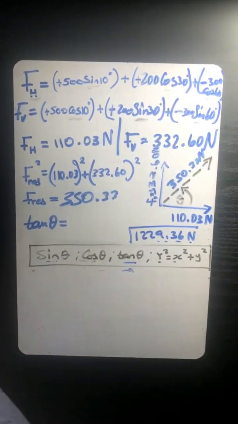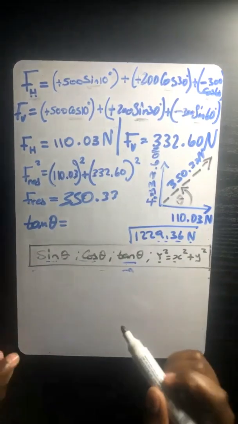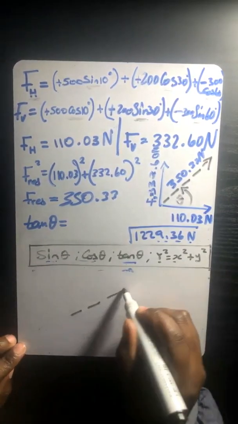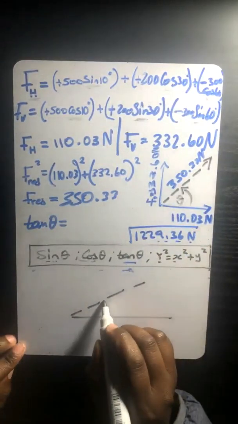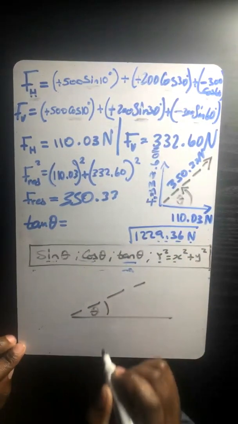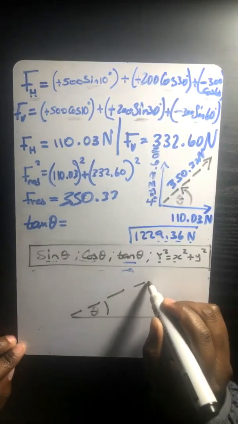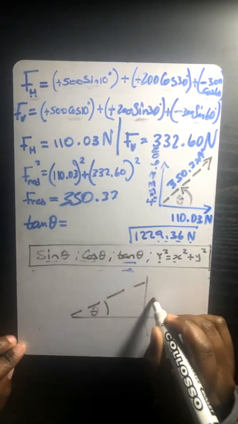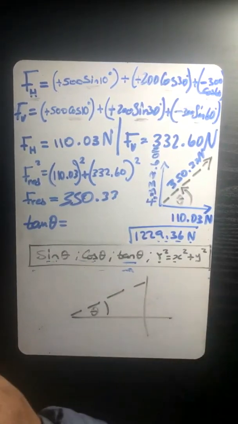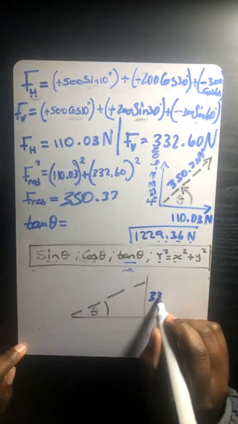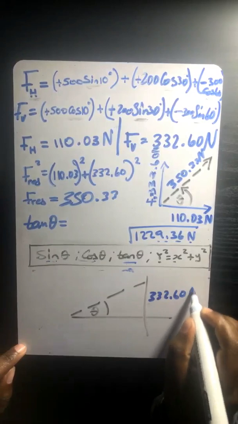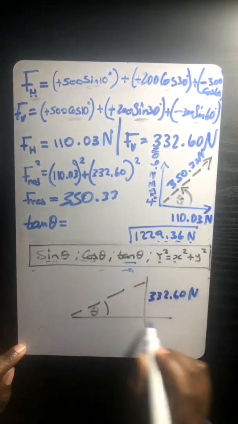Remember, guys, the moment I've asked that question, what you need to quickly do is to draw that triangle. You have angle theta there. So you have this being 332,60 Newton, and this is the horizontal.